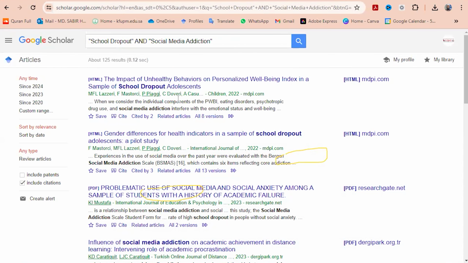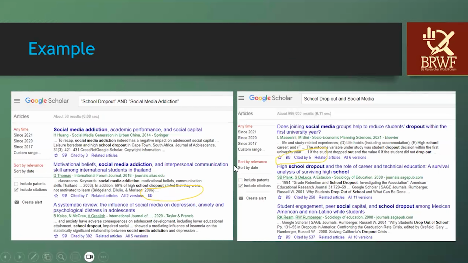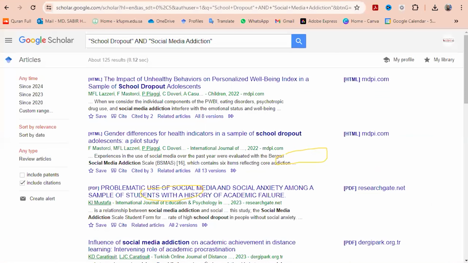Understood? That's why I have selected this topic. You can think that this is not an important topic, but it is still very important for researchers from social science or education backgrounds.